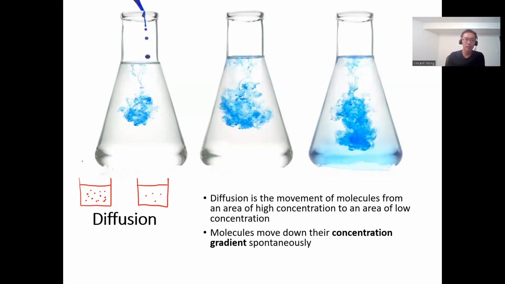So this one would have high concentration. We use square brackets to represent concentration, okay? And over here, because it doesn't have a lot of salt, this has low concentration. So this would taste saltier compared to this one here.